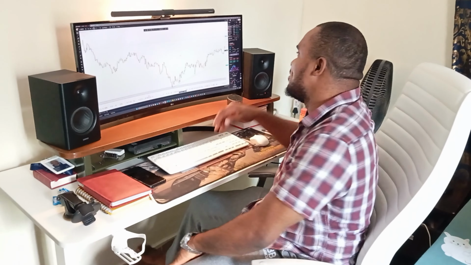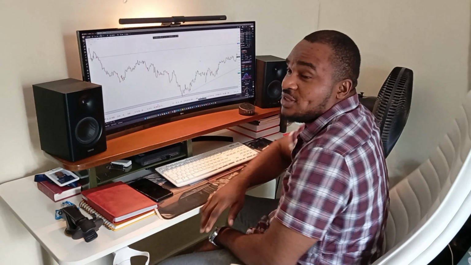I'll be teaching market structure today. Market structure is one of the important things you must learn if you must trade the financial market. It is one of the pillars of your understanding, one of the pillars that will help you to make money in this market. Don't joke with market structure. It's very, very important. Okay?